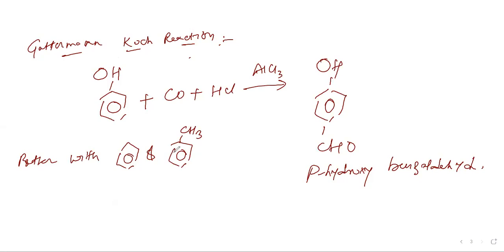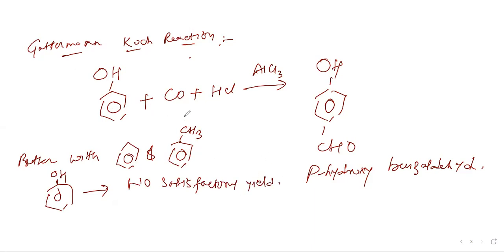Whereas with phenol, we don't get satisfactory yield, right? With phenol, less product will get formed. I hope all this is clear, right?